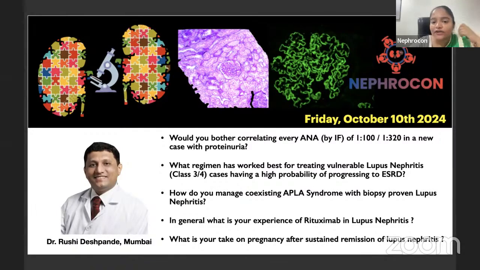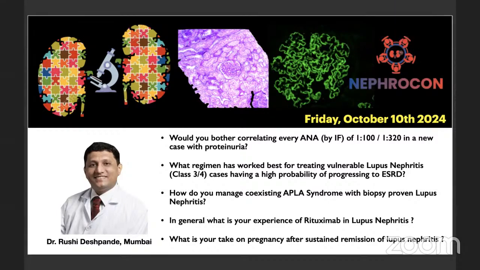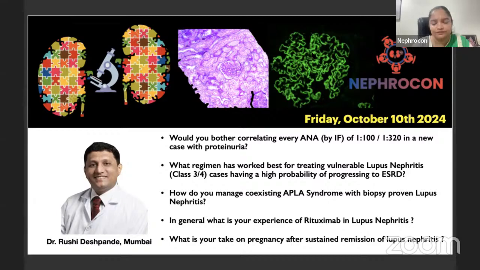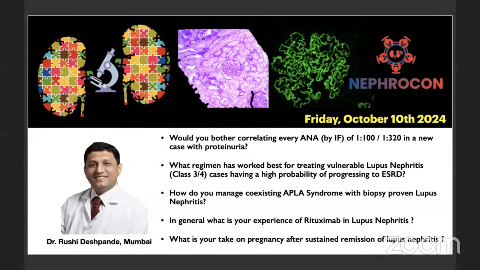So, theoretically, sir, this is possible. Clinically, would you like to filter these patients out? Because sometimes we're seeing men also having a frequent ANA positive, like 1:200. So, more often than not, an ANA less than 1 in 320 will be unlikely to correlate with the proteinuria in a causative way.